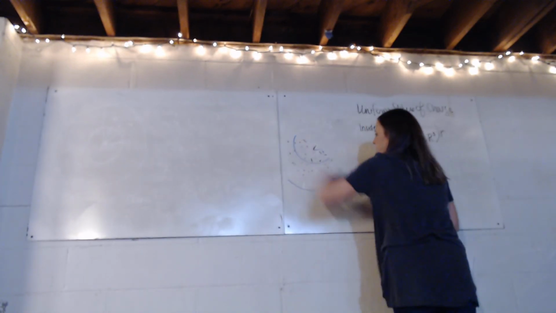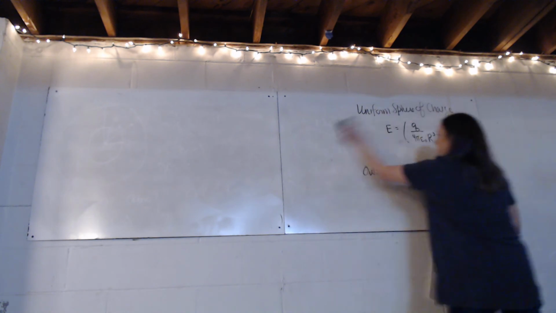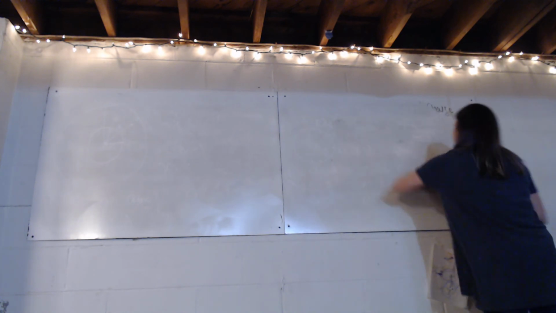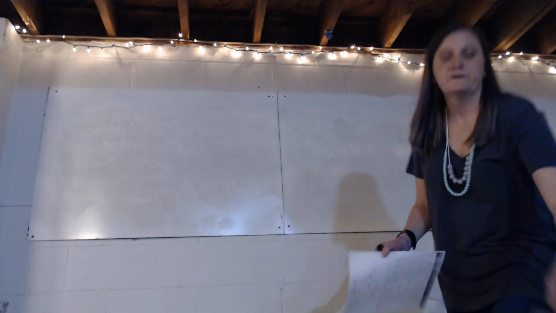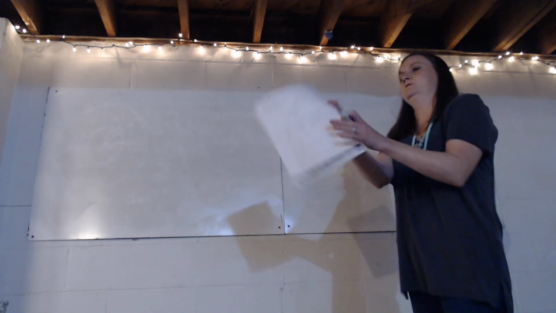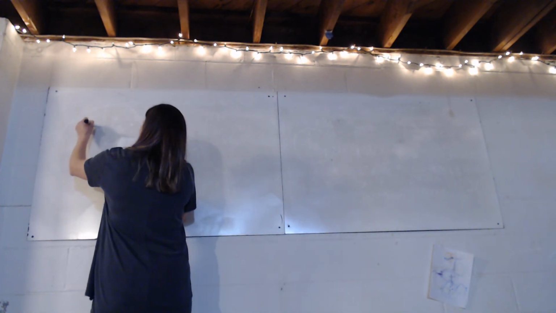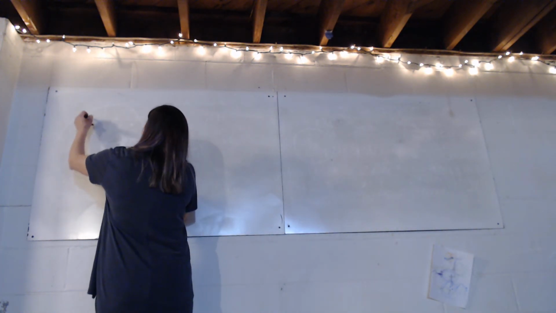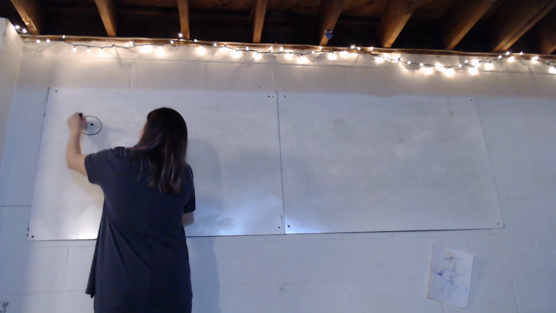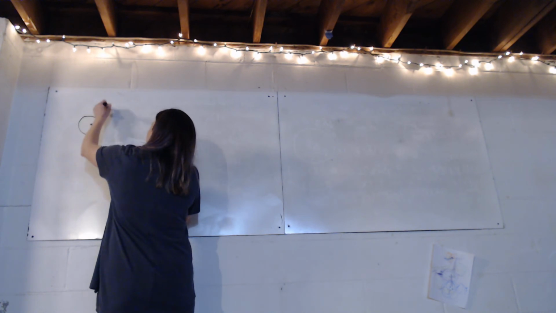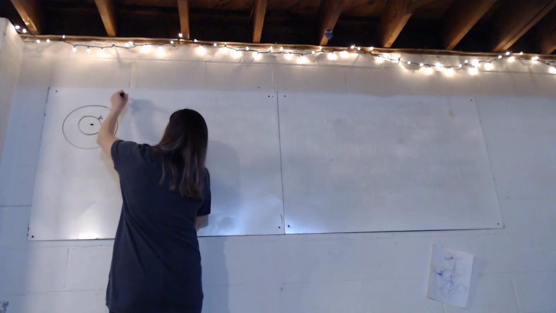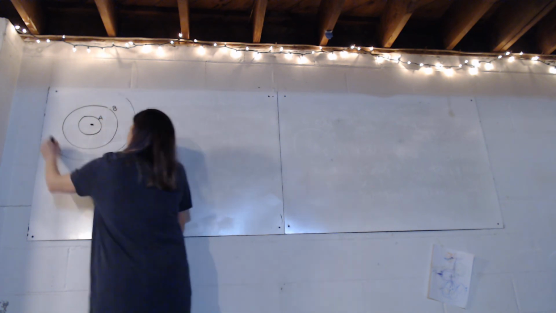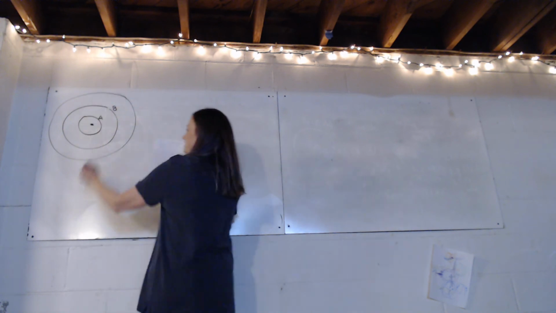Okay, this is hard because I don't know how well you can see my graph on the board, so I'll kind of tell you about the values. I made this problem up, so it's a little sloppy. All right, so here's my picture that will go with it. I have a point in the middle, and then I have shell A, shell B, and pretend these are all beautiful concentric circles that they don't look like.